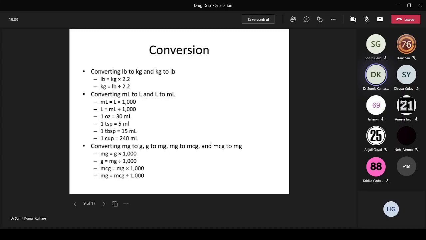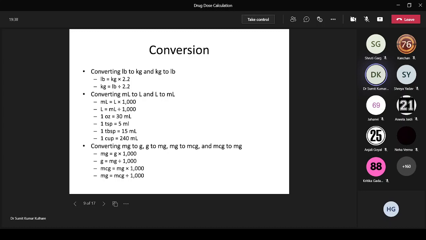Sometimes the measurements are in ounces. 1 ounce is roughly 30 ml. It is exactly around 29.5 ml, but for all practical purposes, we assume that 1 ounce is equal to 30 ml. Then 1 teaspoon, that is chota chammach, is equal to 5 ml, while 1 tablespoon, that is bada chammach, is equal to 15 ml.